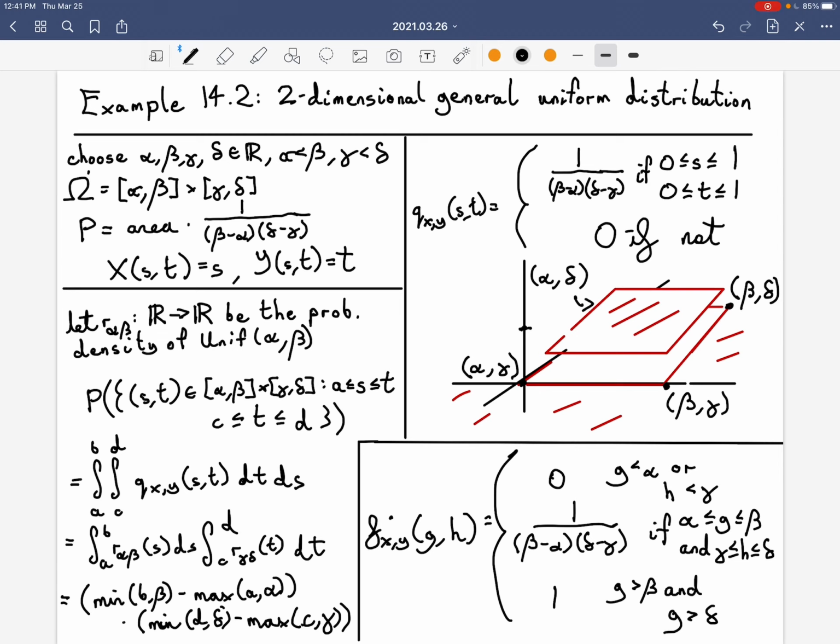You can think of the same experiment where I'm dropping a coin on the surface of a table with no control over where it lands. But now my table is not a square with side length 1. It's a rectangular shape with some other side length.